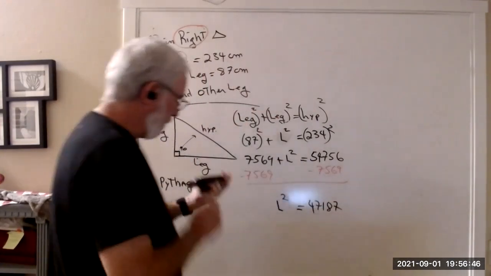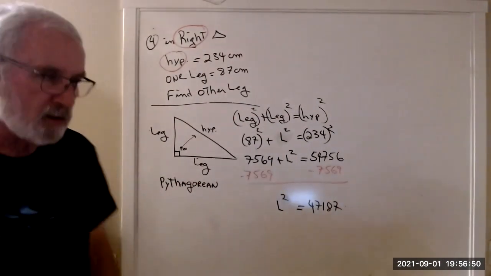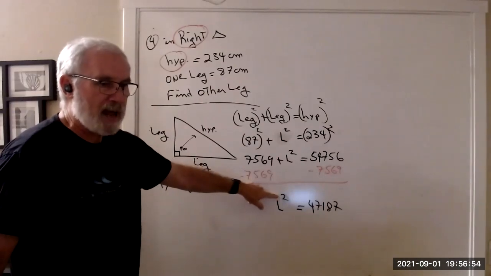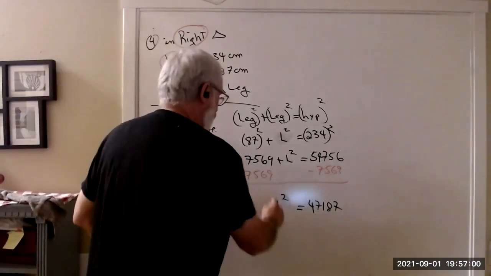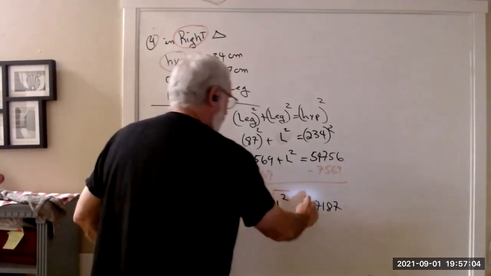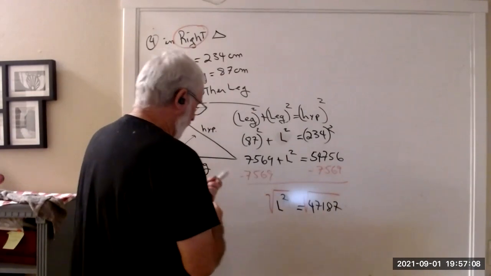Now we're back to that same thing that we did earlier. We want to get L, the leg. We have to get rid of the square power. Like I said earlier, the square root cancels the square power. So if we square root this side and square root this side, this will get us L equals.